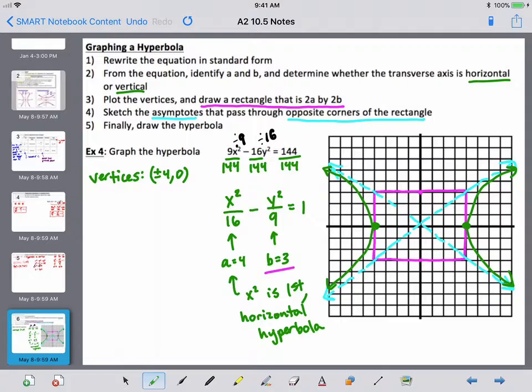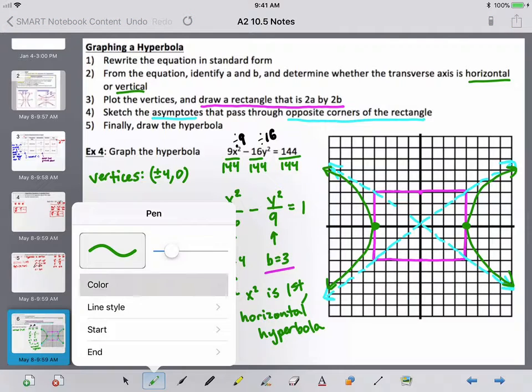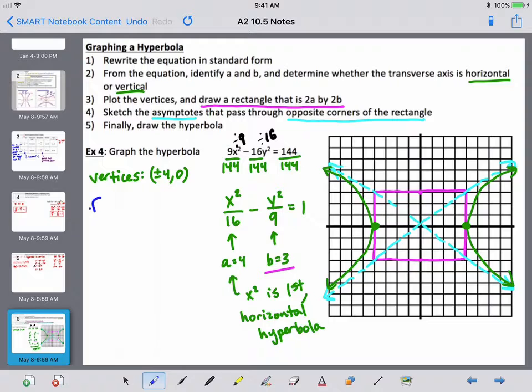One last thing is I always like to just find the foci just to make sure that my hyperbola is looking how it should. So my foci, remember we can find by using c squared equals a squared plus b squared.